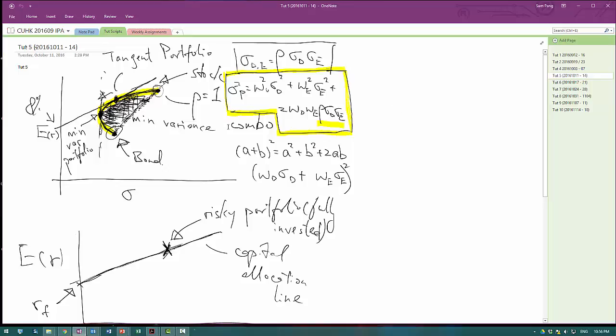The reason is simply that as long as they are not perfectly correlated, then you can get the same return, but your risk is lower. I think by now you all know, or I hope you do, the reason why. It's all to do with this formula here about portfolio variance, which we even talked about today with tutorials 3 and 4.